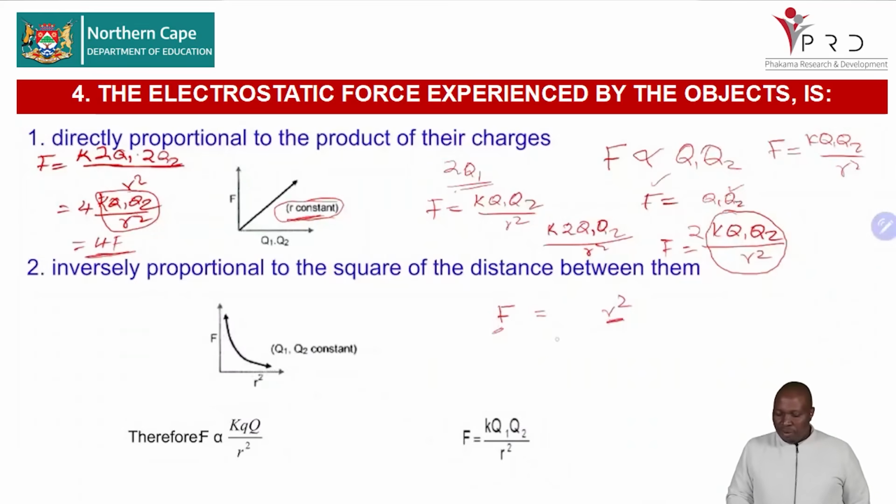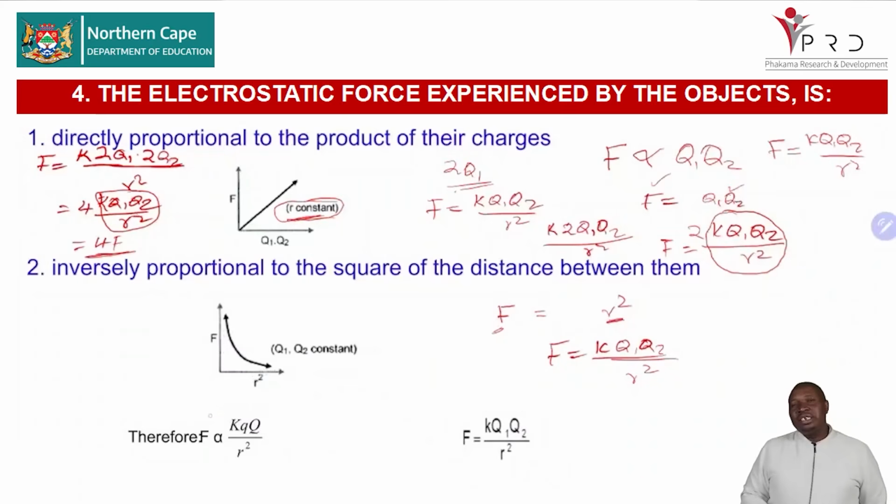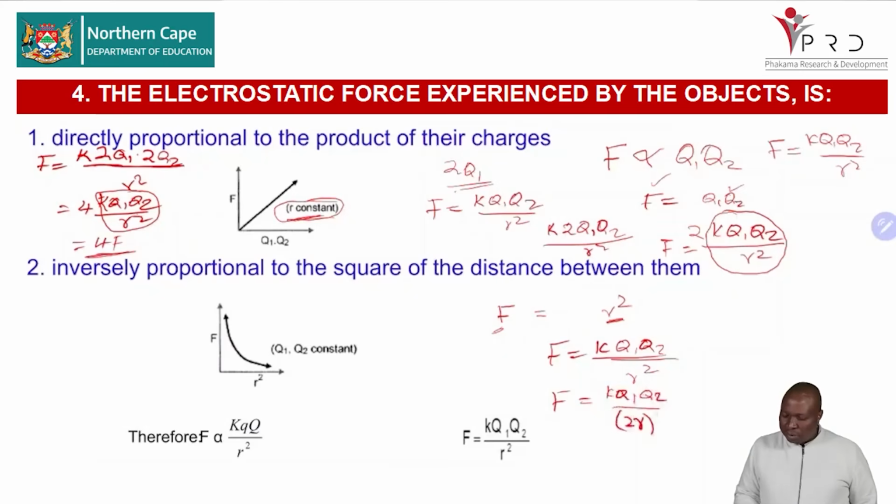Yes, we can write the formula F equals kQ1Q2 over r squared. Let's say we double the distance. We double the r. If we say 2r, you are going to substitute the 2r, which will give you kQ1Q2 over 2r. Remember, the whole of it must be squared.